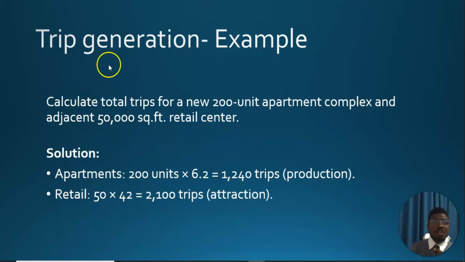From here now, there is an example that says we should calculate the total trips for a 200 unit apartment complex and an adjacent 50,000 square feet retail center. In order to calculate that for the apartment, we know that there is a 200 unit apartment complex, that is 200 units.